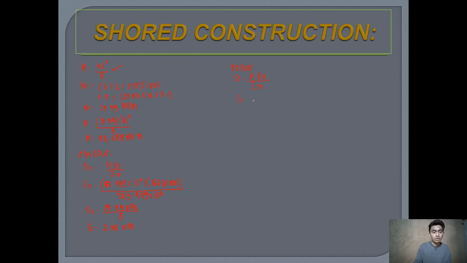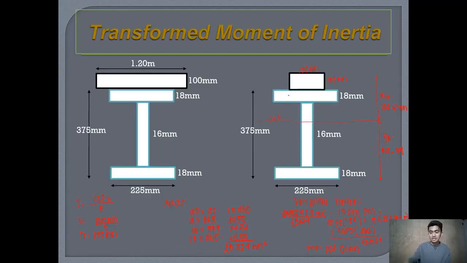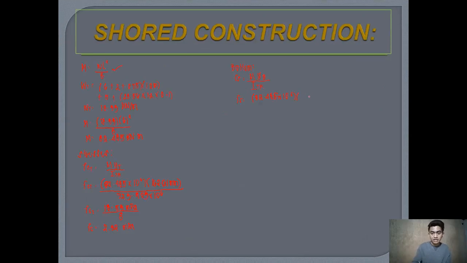Fs is equal to the moment, which is 82.485 times 10 raised to 6, multiplied by Y bottom, which is 312.39, divided by the transformed moment of inertia, 723.903 times 10 raised to 6.